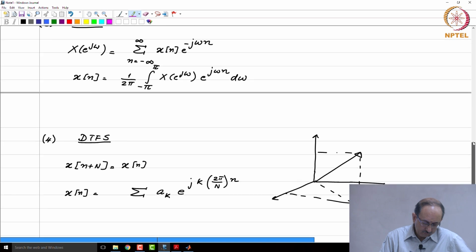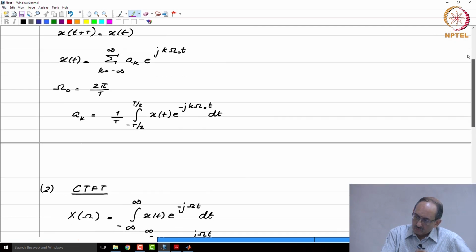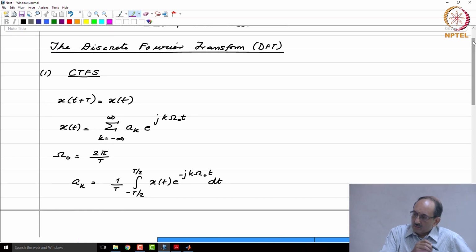Now, what is happening in CTFS? This is periodic with period capital T, and your basis vectors are e to the j k omega naught t, and k itself goes from minus infinity to plus infinity.